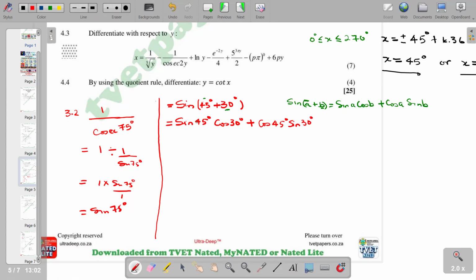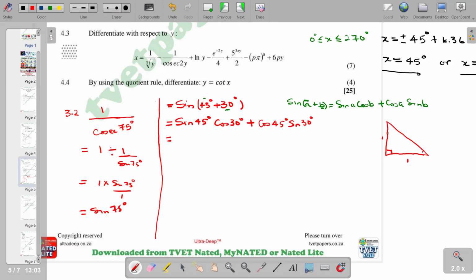You are supposed to know these trig ratios for special angles by heart. But if you do not remember them, you can still derive them in the exam. For example, for 45, you are going to use an isosceles right-angled triangle. We can put one here, one there.